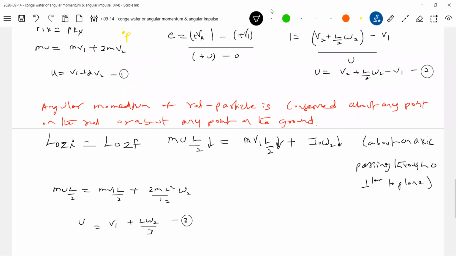So what have we brought? Conservation of linear momentum, coefficient of restitution, then conservation of angular momentum. Almost the maximum ideas we try to introduce in a given numerical.